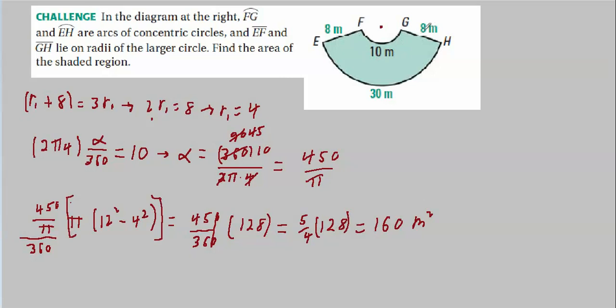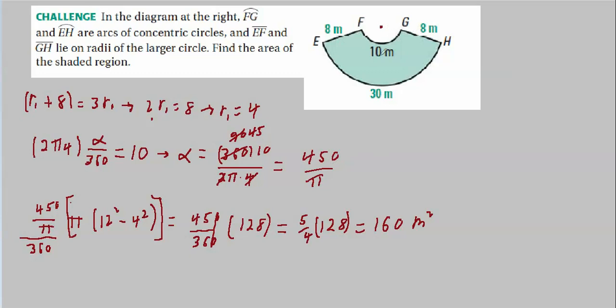I think I showed you that earlier. Just the big R squared minus the little r squared, all times pi. But we have to take the fraction of that, which is represented by this sector here. And that sector is 450 over pi over 360. I think this is like 140, 145 degrees, something like that. Which kind of makes sense. That looks like a pretty big angle, doesn't it?